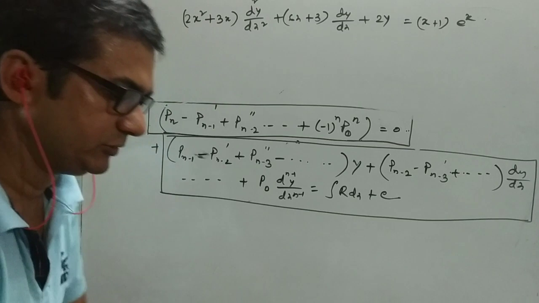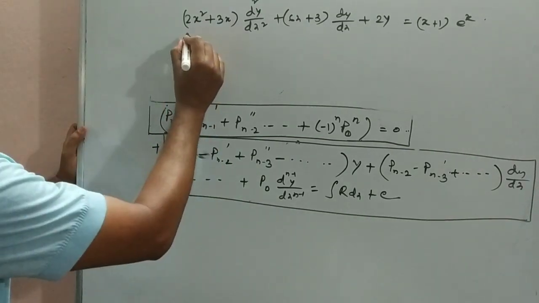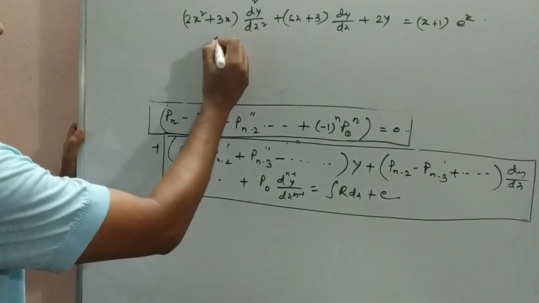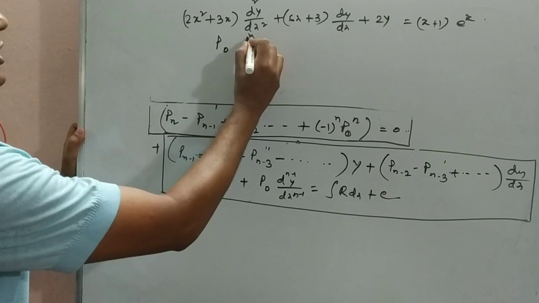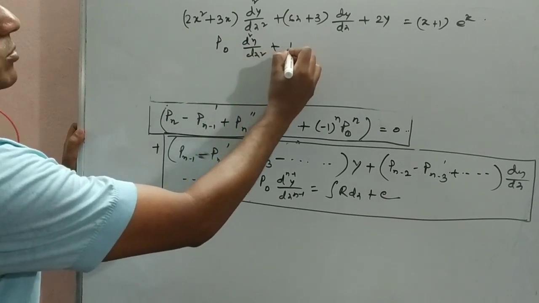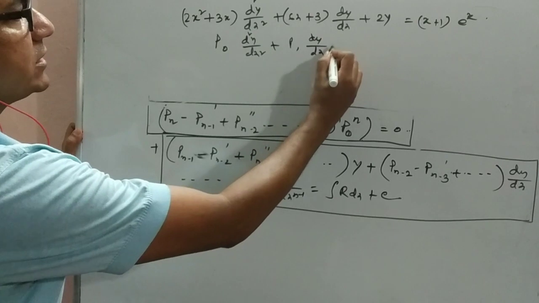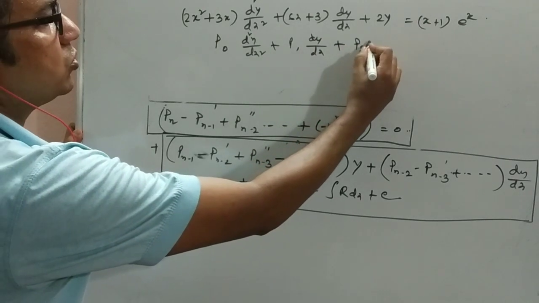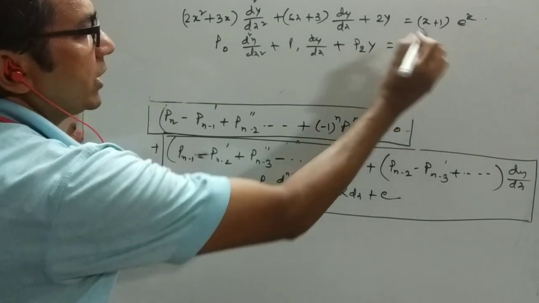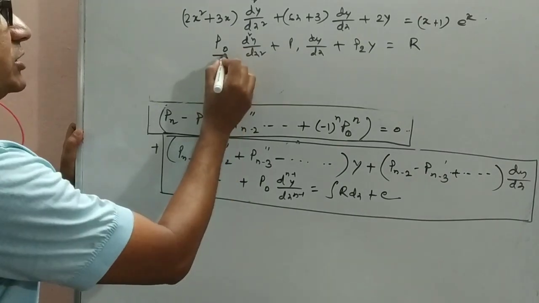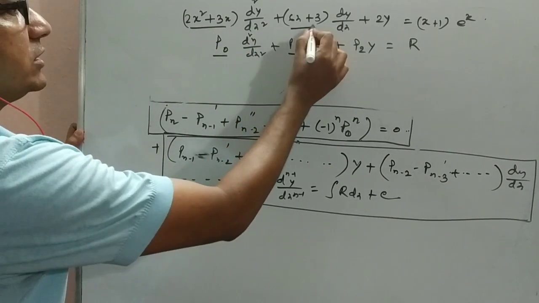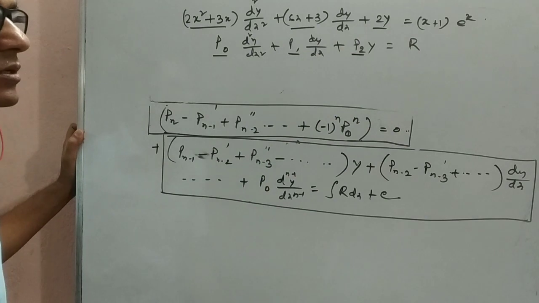Then, comparing this equation with P_0 d²y/dx² + P_1 dy/dx + P_2 y = r, we get P_0 this, P_1 this, P_2 this.